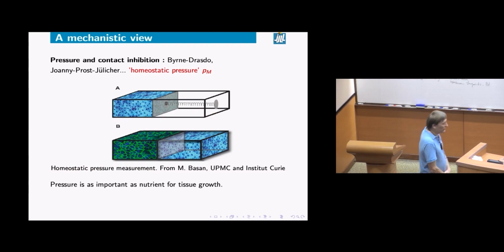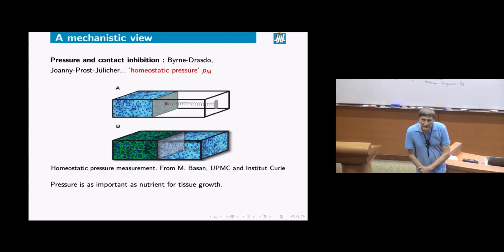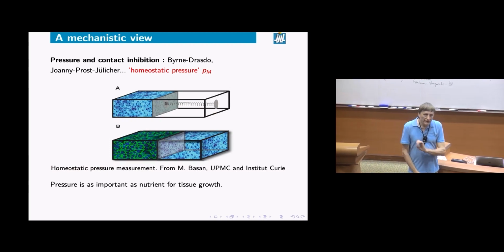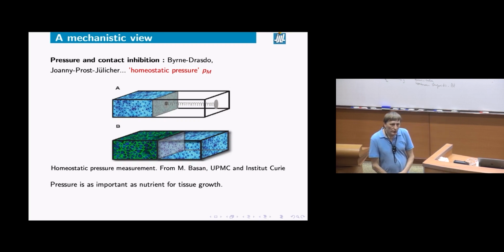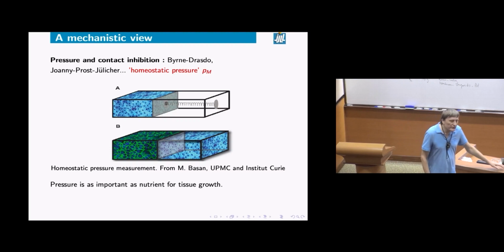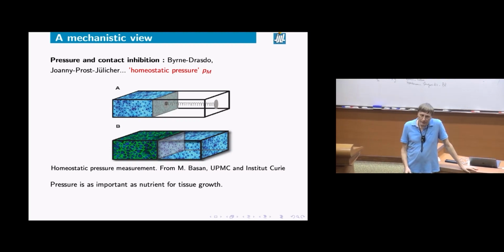The first people, Byrne and Drasdo, did it purely from a computing point of view. They just ran computers with models of cells, and they discovered that if you want to fit the experiment, the best way was to control the growth of the tissue by pressure.